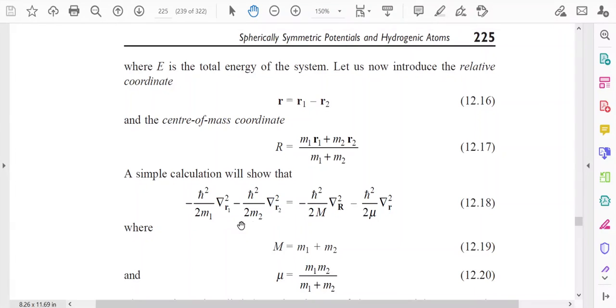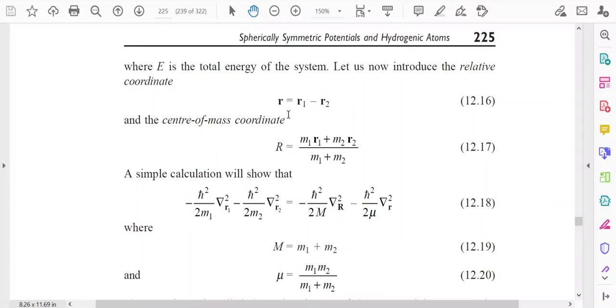So this expression can be written as minus h-bar squared by 2M del capital R squared minus h-bar squared by 2 mu del small r squared. This calculation is very simple, but you have to do some steps in this particular derivation. We have skipped those steps, but you can very easily prove this equation.